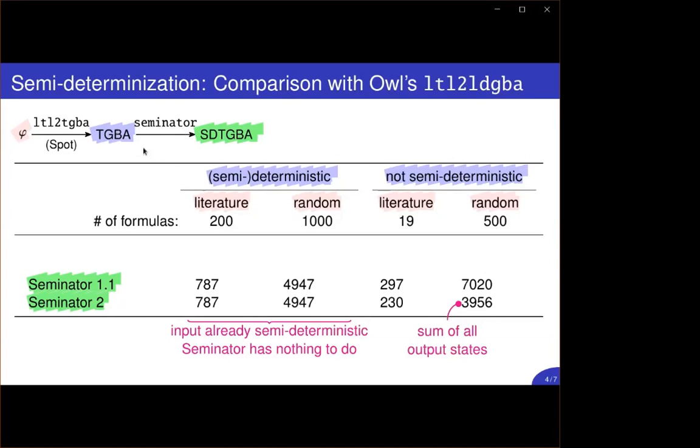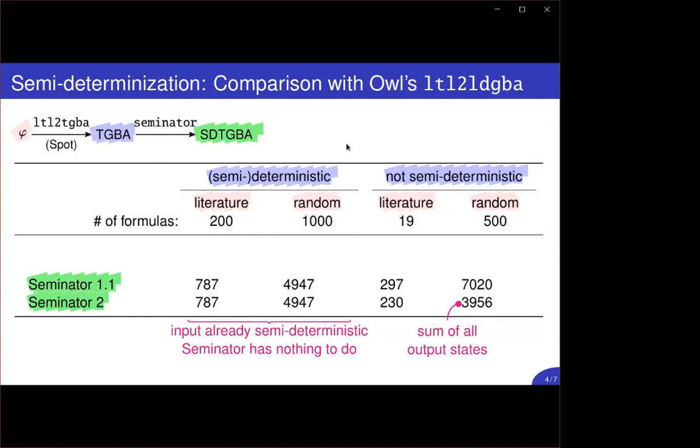For this benchmark, we have to distinguish on the properties of the input TGBA. If it is semi-deterministic, then Seminator 2 has nothing to do. If it is not semi-deterministic, then Seminator 2 has some work to perform. And we will also distinguish different kinds of input formulas. We have a set of formulas taken from the literature and a set of random formulas.